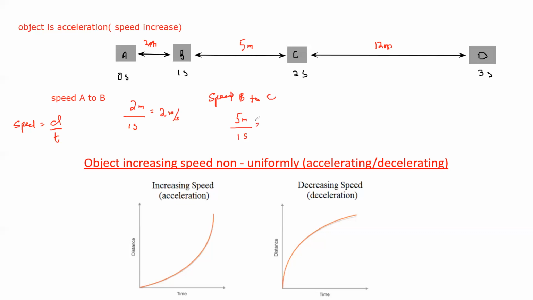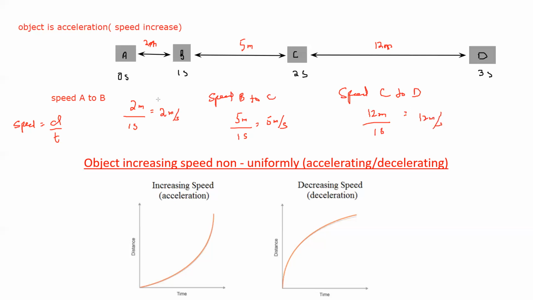So it will be 5 divided by 1, which comes out as 5 meters per second. And when we calculate the speed from C to D, the distance traveled is 12 meters, and again the time interval is 1 second. So 12 divided by 1 comes out as 12 meters per second.